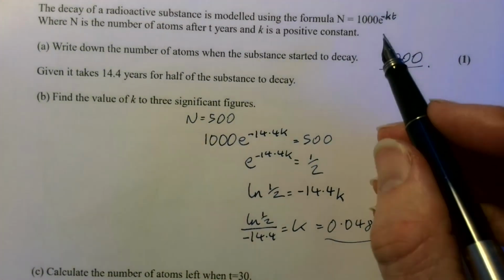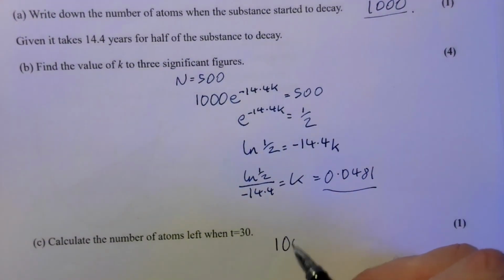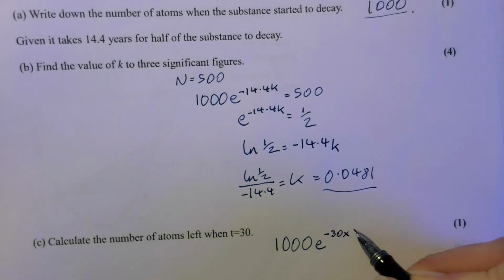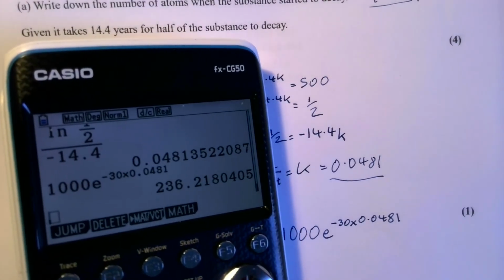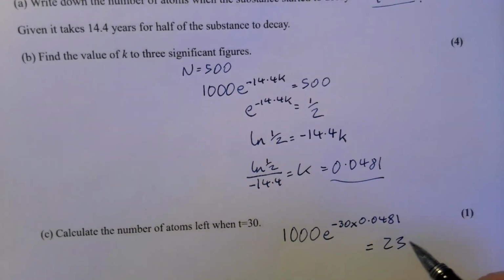Well, for that we go back to our original formula, and we're going to be putting in 1000 e to the negative 30 times 0.0481, which gives me 236.2. So 3 significant figures and a whole number, that's giving us 236.